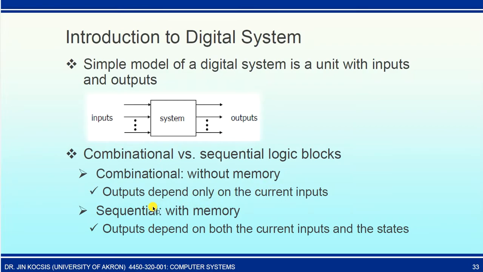But if it is a sequential element, it has memory, so the output is not only determined by the current input, but also by the state or the memory in the component. What is the memory in the component? It means the previous inputs, or we say the state of the element. So in other words, the output of the sequential element is determined by both the current inputs and the state.